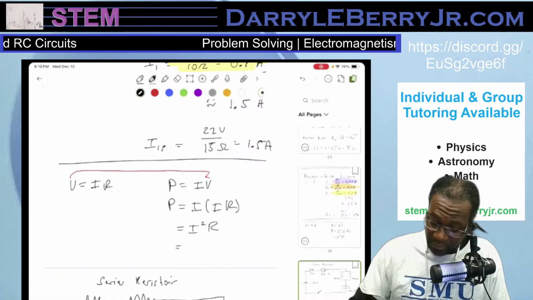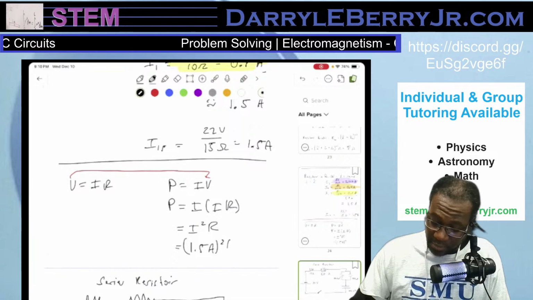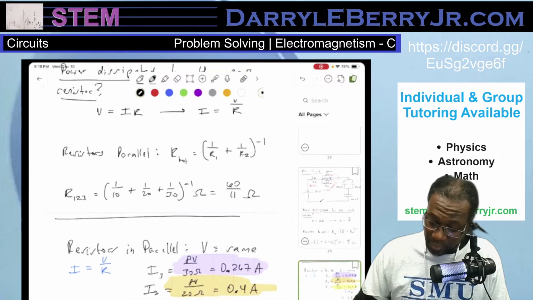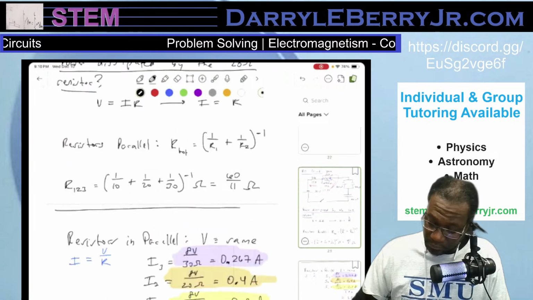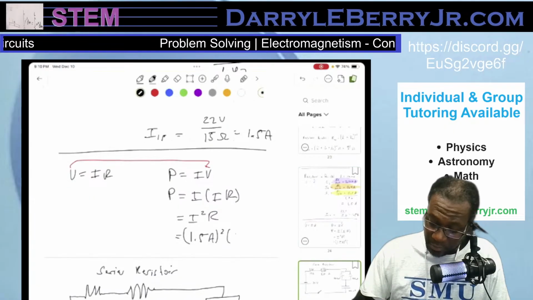So P is going to equal 1.5 amps squared times, what was I doing? The 20 ohm one? Times 20 ohms.